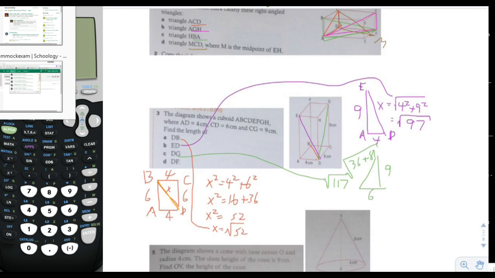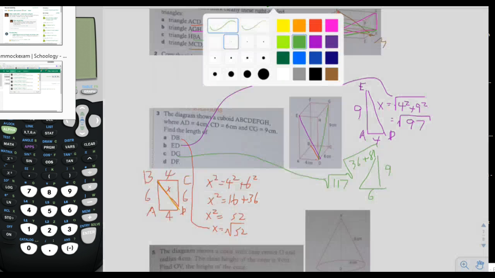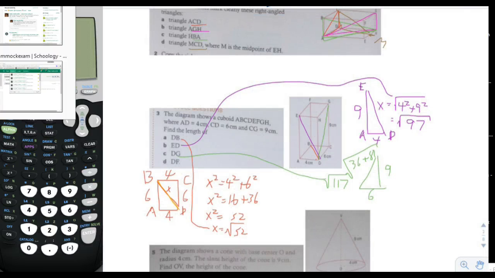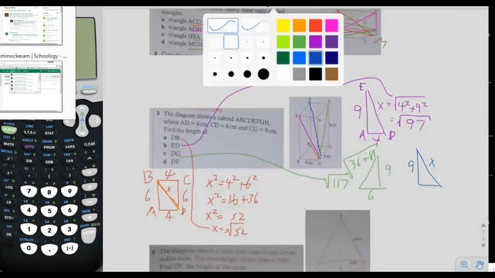DF. DF would be like a diagonal of a diagonal. So let's see, DF, we don't know. The height is 9. And you can see that the bottom of DF is actually that red line there, BD. And we know that BD is square root of 52.